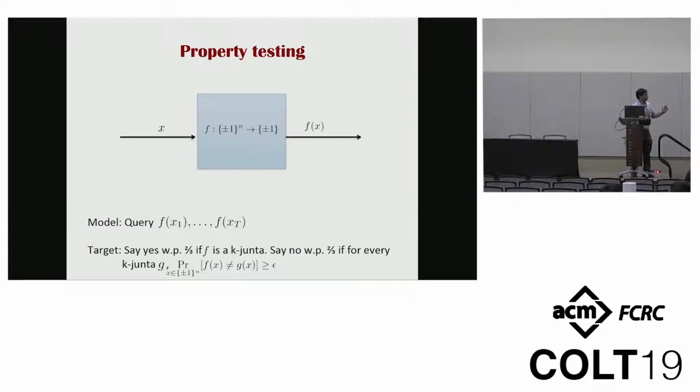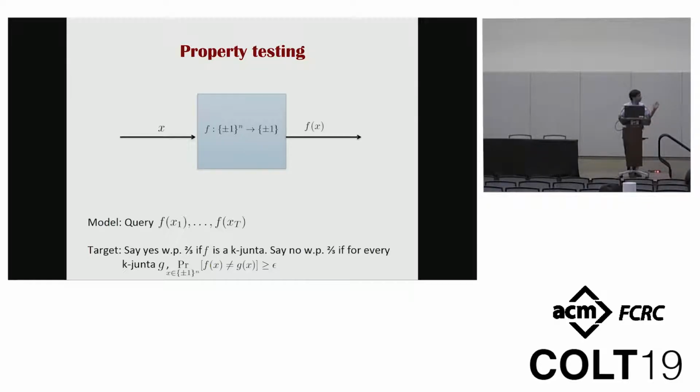Property testing of k-juntas means that the algorithm wants to determine: is the function a k-junta, or is the function at least epsilon far from every k-junta, where epsilon far just means that the target function, the function you have been given an oracle to, disagrees with every k-junta g on at least an epsilon fraction of the inputs on the cube. And you want to say this with high confidence, say with probability at least 2/3. And the thing you want to minimize is the number of queries you make to this oracle.